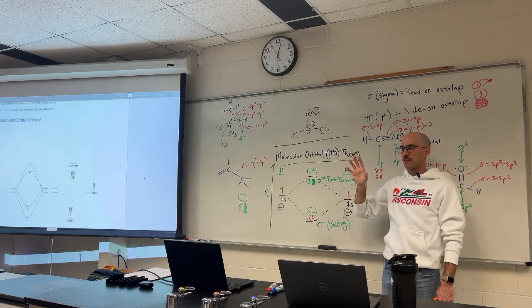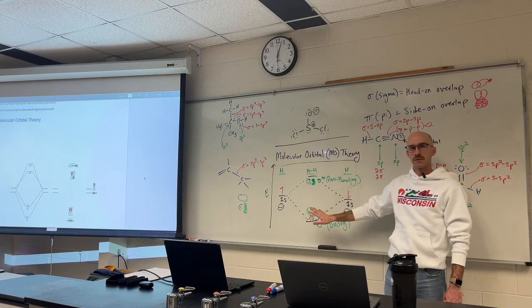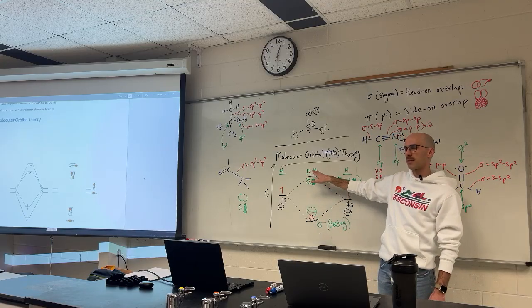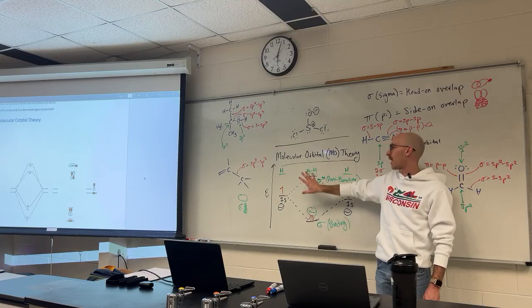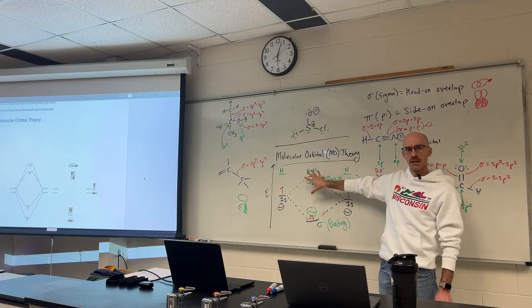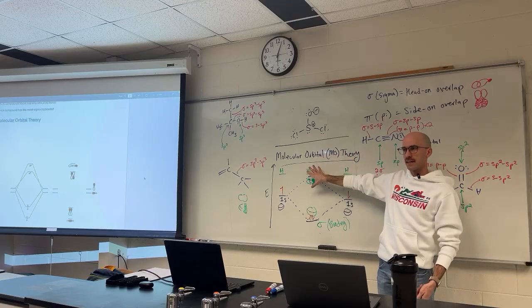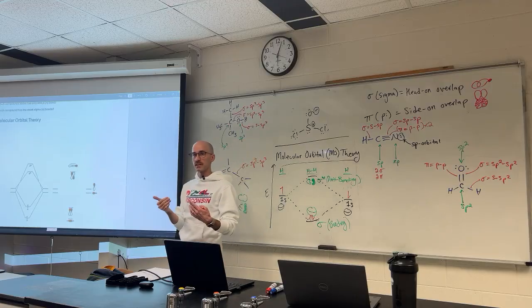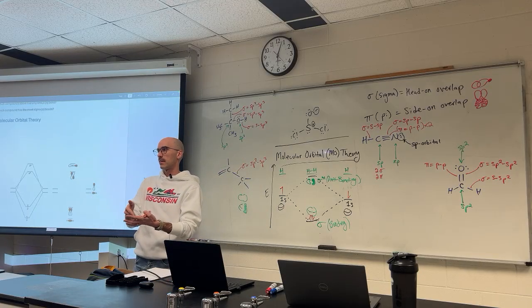I do want to give you some perspective too. This always confused me when I learned about it. If electrons are only down here, then why are we talking about electrons up here as well? If this orbital is what's relevant, why do we even talk about this orbital? It's because it exists. The math for it exists. Whether it's occupied or not, orbitals are useful because they tell us something about electrons once they get there.